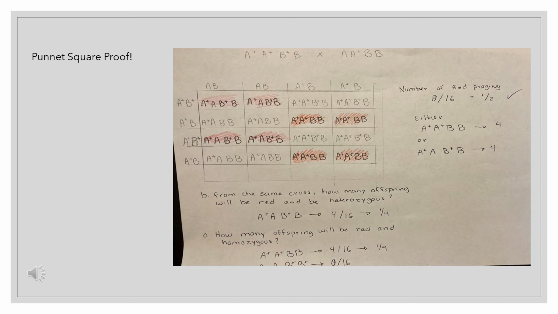But they can also ask for genotypes. They can ask from the same cross how many offspring will be red and heterozygous. Heterozygous being the different ones, the A plus A, B plus B, that happens 1/4 of the time. And the other question would be how many offspring will be red and homozygous, the A plus B, B, or AA, B plus B plus.